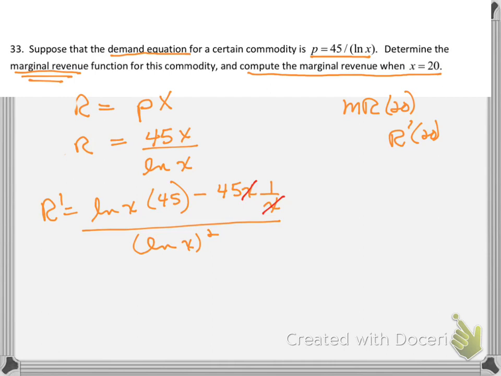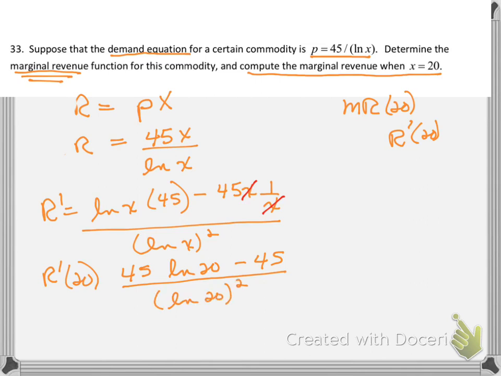Why not just plug in 20? Okay, so R prime of 20 is going to equal the natural log. Well, actually, I'm going to pull that 45 in front because I don't like that. So let's pull the 45 in front. 45 times the natural log of 20 minus 45 over the natural log of 20 squared.